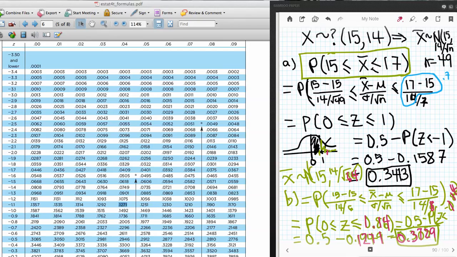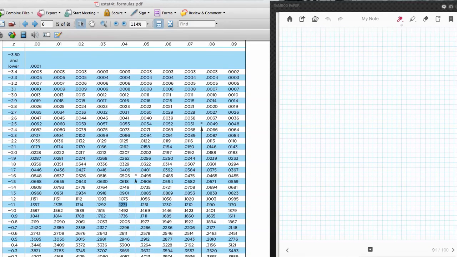So that was the first question that was asked from our set of exercises out of section 6.3. Now the second question that was asked out of our section 3 homework starts out in the following way. It says, let X be a random variable that represents the white blood cell count per cubic milliliter of whole blood.